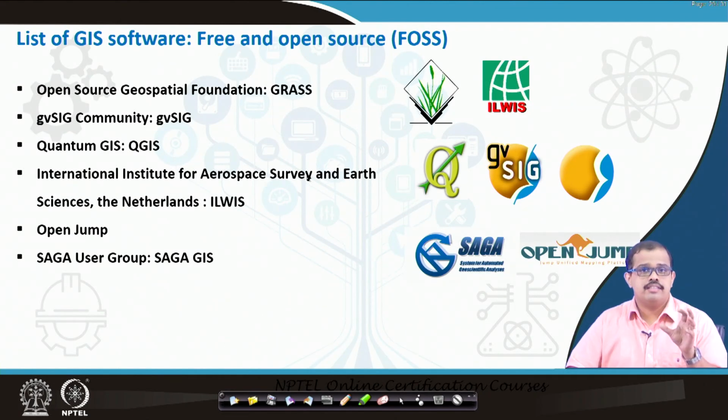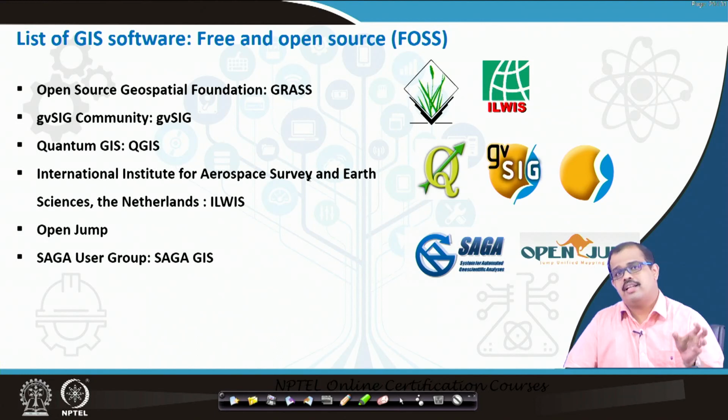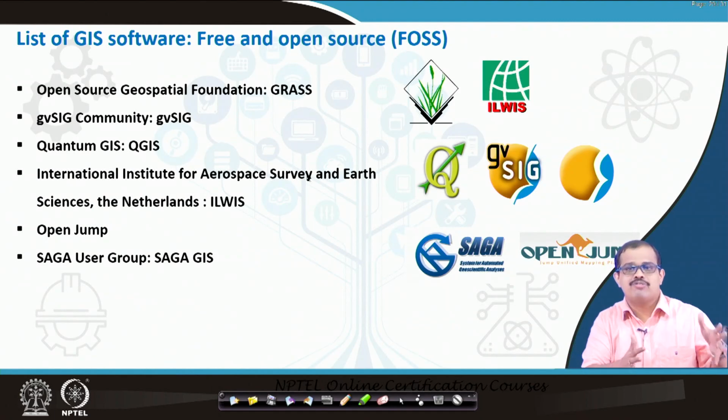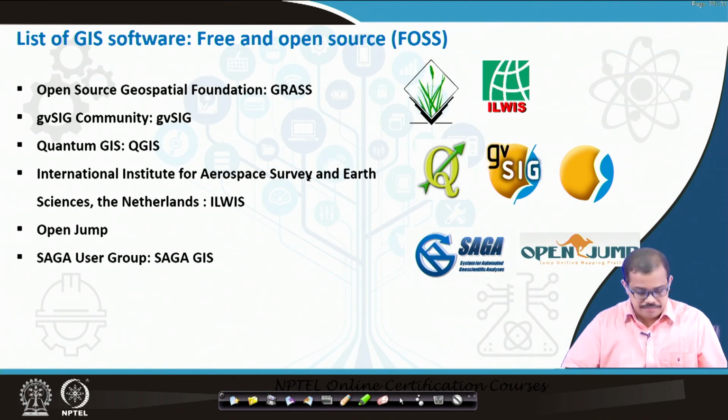Rather than a commercial software which is under a packet, where you input a data and you get an output, GRASS will deliver a stepwise data output, which means you learn how the data is transformed from data to information. That is where GRASS is extremely handy.